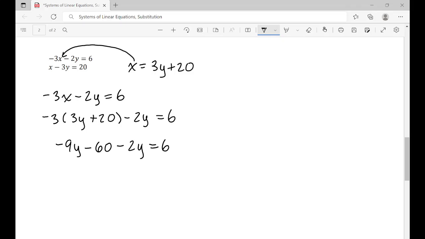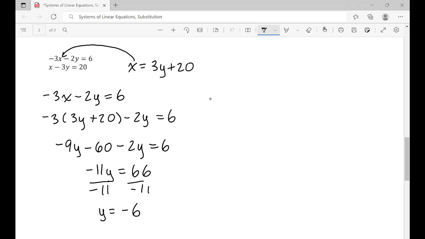Negative 9y and negative 2y is going to give me negative 11y. Going to add the 60 over, so it's going to give me positive 66. Then just divide by negative 11, so y is going to equal negative 6. And then plug it in here so I can get my x value.